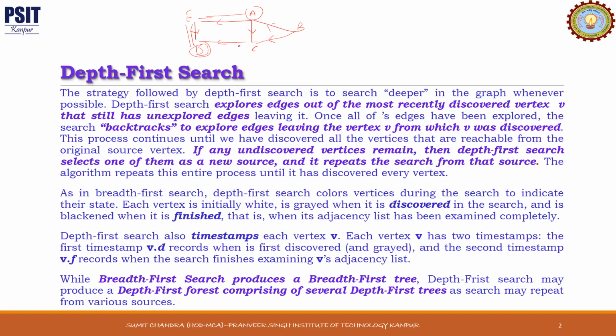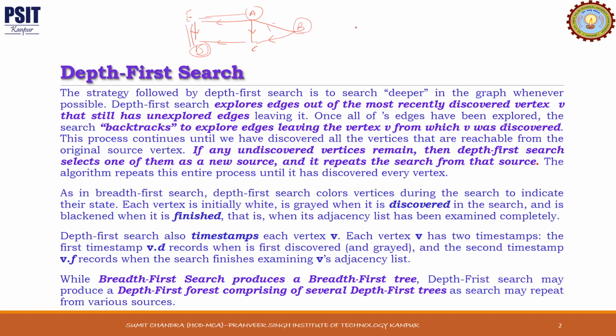One of the differences between breadth first search and depth first search is that, if there are any vertices which are not reachable from the chosen source vertex, then after completing one iteration of search from the source vertex, it chooses a new source vertex and implements the complete algorithm on that source vertex.